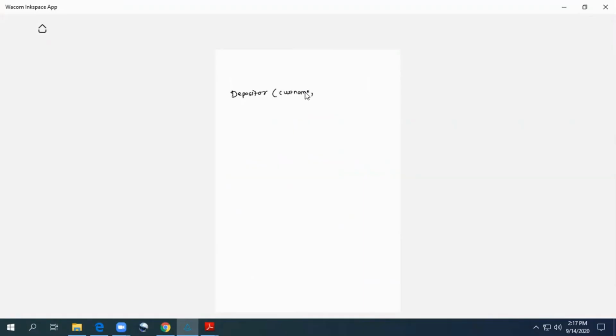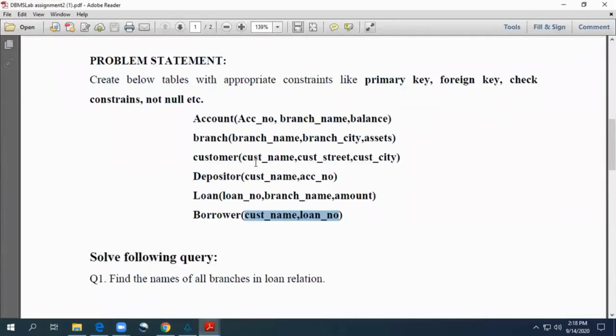This problem statement we have taken from the Korth book, so these are the field names and table names given in that book, and as it is we are referring to them. Instead of customer ID, they have given customer name as the primary key. And in borrower, customer name and loan number.